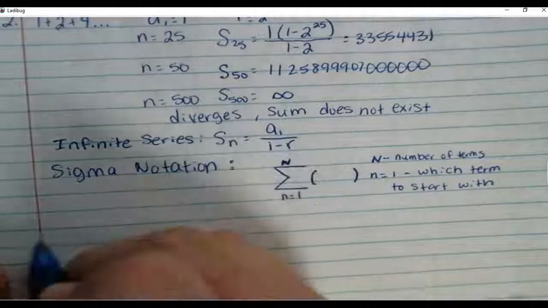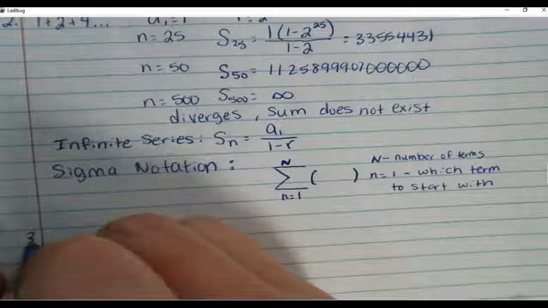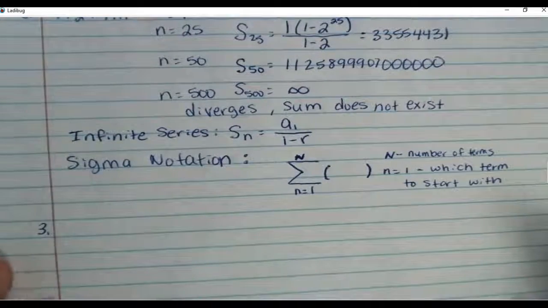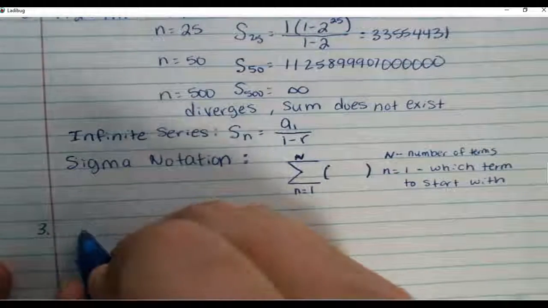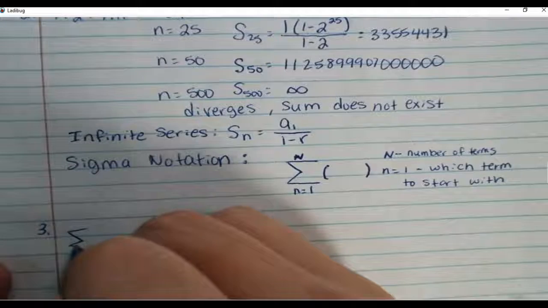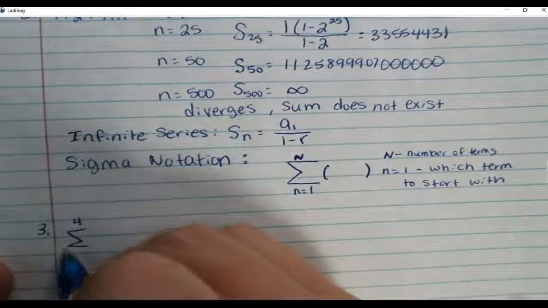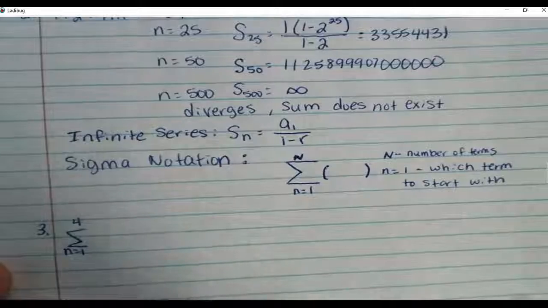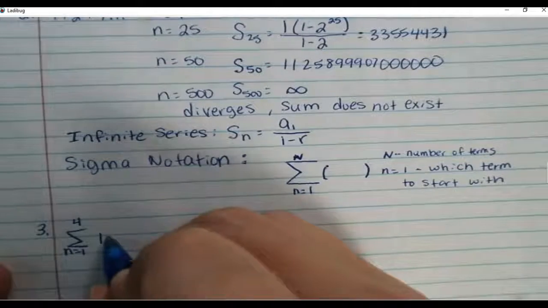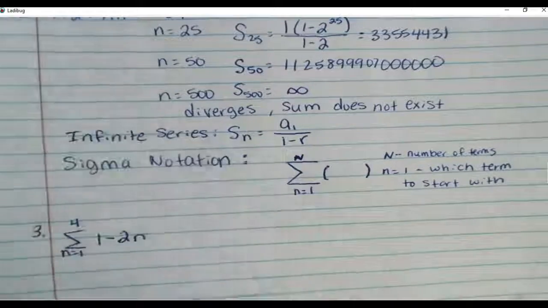So let's do one. Let's say we want to do the sum of 4 terms. We want to start with the first one, and we want the sum of 1 minus 2n.